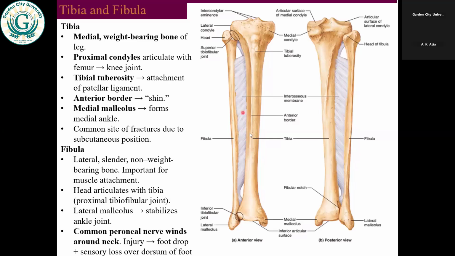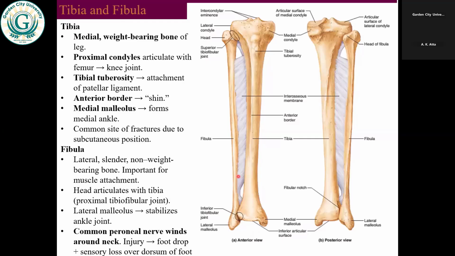It also acts as a point of attachment of muscles. Now, the fibula is a slender bone, and it's not a weight-bearing bone. Its importance is that it helps stabilize the ankle joint. The ankle joint is between the tibia, the fibula, and one of the tarsal bones, the talus.